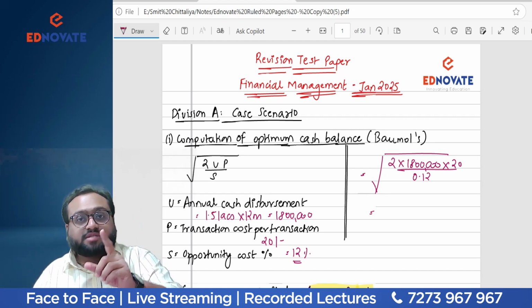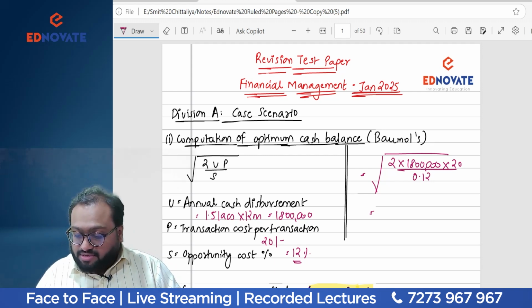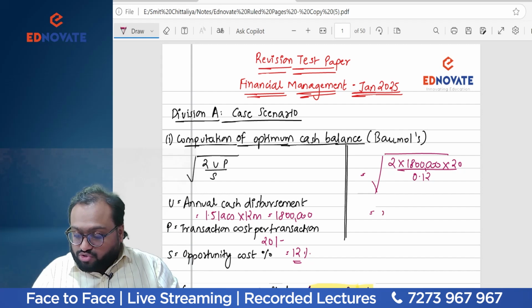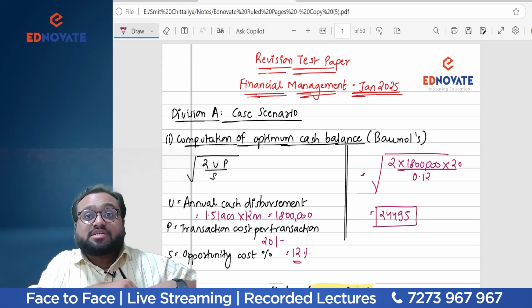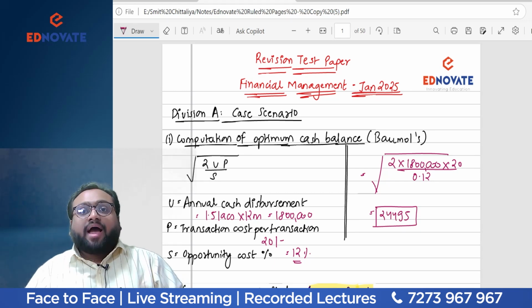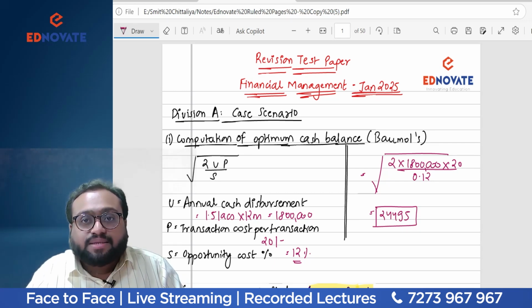I should get the same answer, and you should also get the same answer, because that's the same answer reflected by the ICAI. The fourth option is correct. So we'll get 24,495 rupees. This is the minimum cash balance which is required to be kept in the business for the smooth operation of the business. I think part 1 of the question is very nice and properly clear.